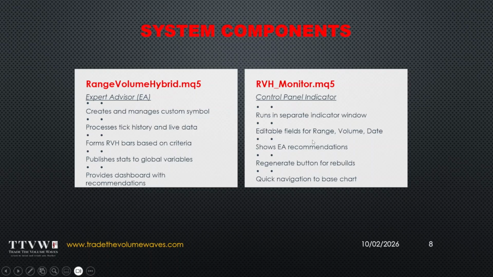And it will also show the same expert advisor recommendations, so you don't have to go back and forth. And one more thing, when you change the settings, there is a button that you press, regenerate, and it rebuilds the whole chart without going back to the EA. Okay? And a quick navigation to go back to the EA chart.